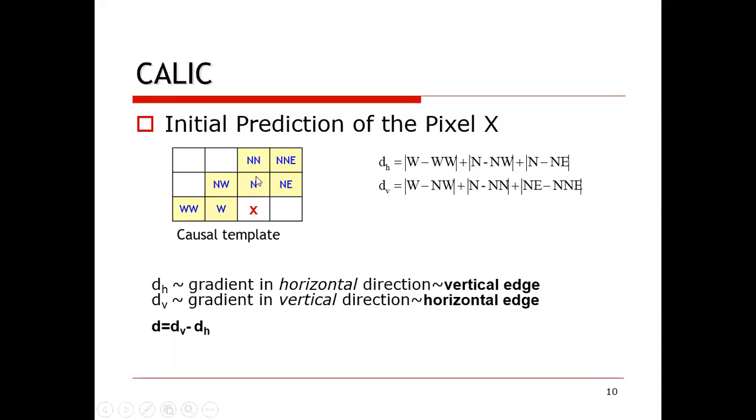The neighboring pixel of N in the vertical direction is NN, in the horizontal direction is NW and also NE, and the neighboring pixel of NE in the vertical direction is NNE. So the overall neighboring pixels of a given pixel X are W, NW, N, NN, NNE, NE and WW.